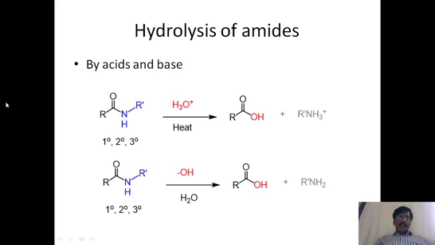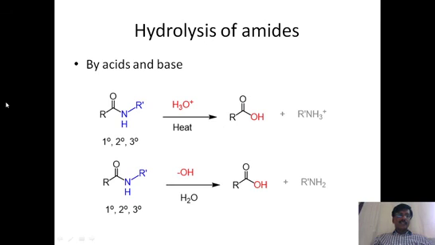The main point we have to understand here is that we are discussing the derivatives. What are the derivatives? Acid chlorides, anhydrides, amides, and esters. So there are four important derivatives. We are discussing hydrolysis and ammonolysis. We should understand easily that hydrolysis of all derivatives gives carboxylic acid as the end product.